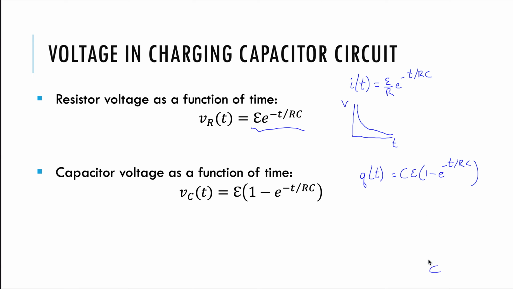And whenever we have the 1 minus e term, it is going to look like this. As the voltage on the resistor decreases, the voltage on the capacitor increases. There's no voltage at first on the capacitor, but then as it gets charged up, you end up having maximum voltage on the capacitor.